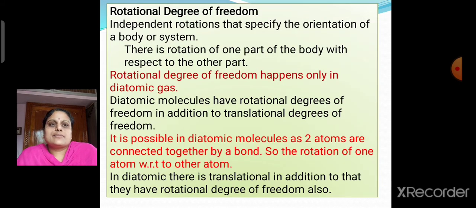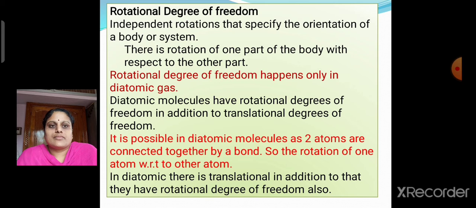Now let us discuss rotational degree of freedom. It means the independent rotations that specify the orientation of a body or a system. There is rotation of one part of the body with respect to the other part in this type of motion.